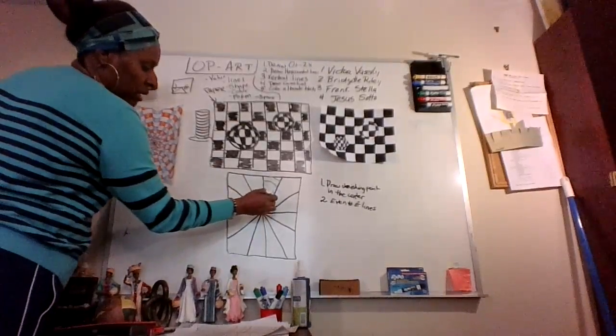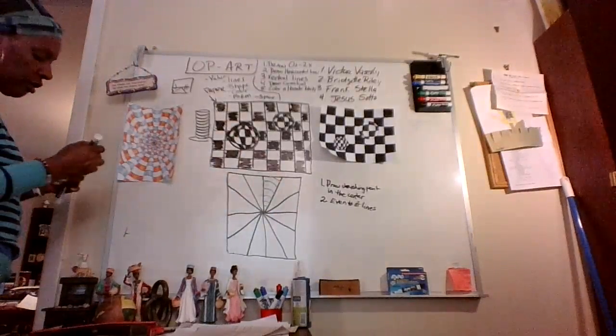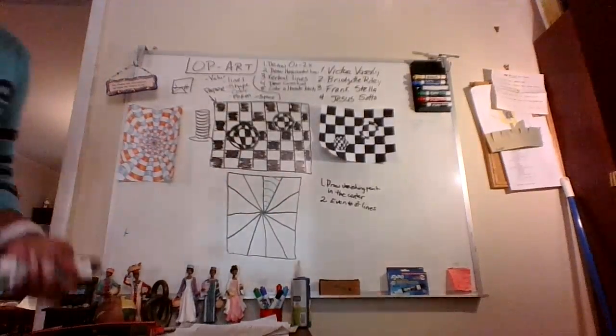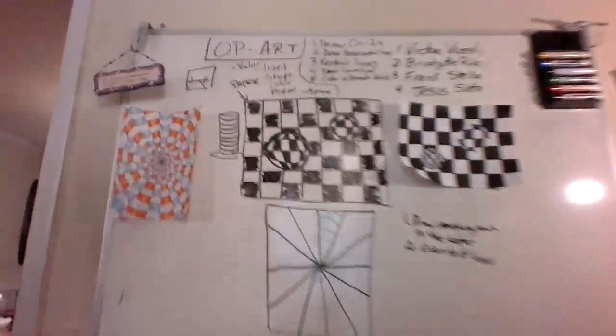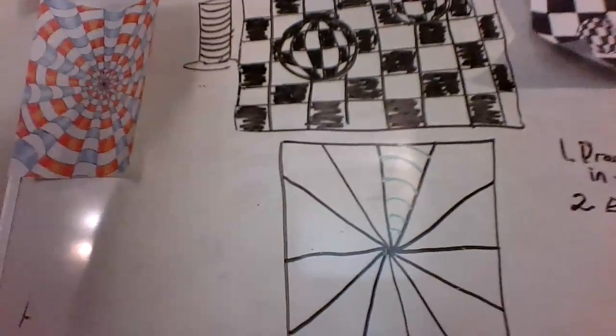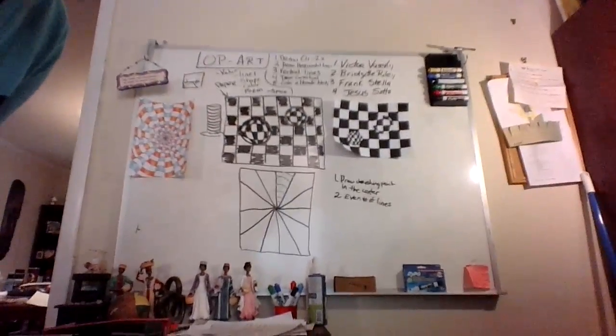So I have 1, 2, 3, 4, 5, 6 curves. Let me take the camera a little bit closer so you can see that. That's what I'm doing on every other one. I'll bring it back closer in just a second.